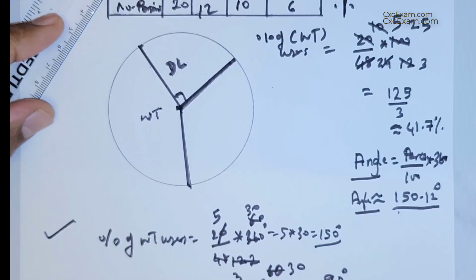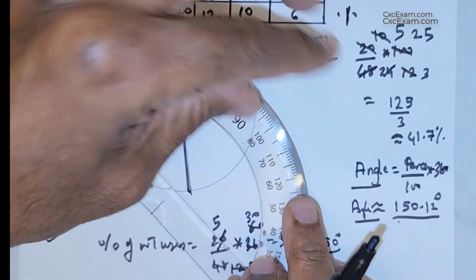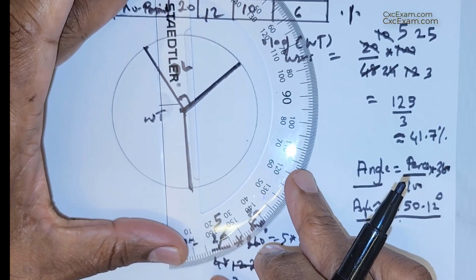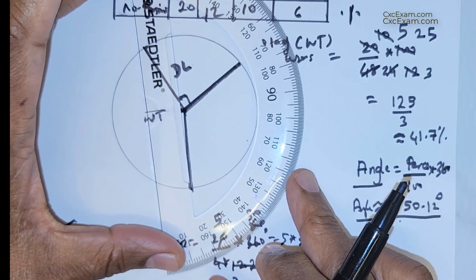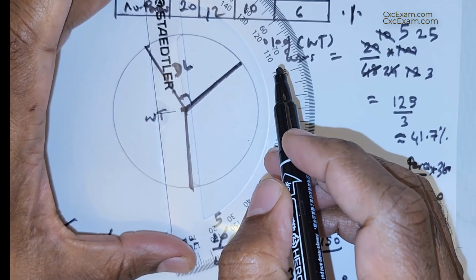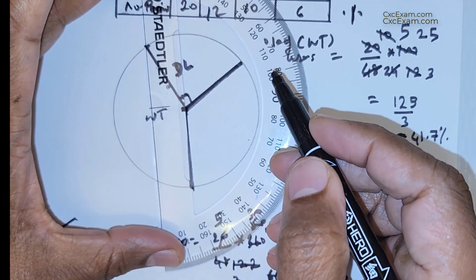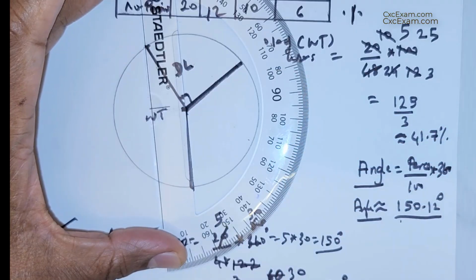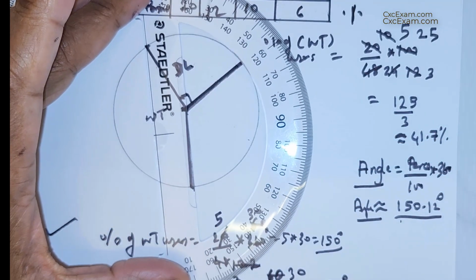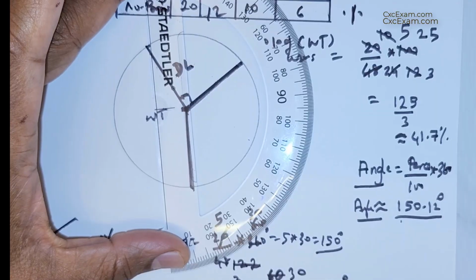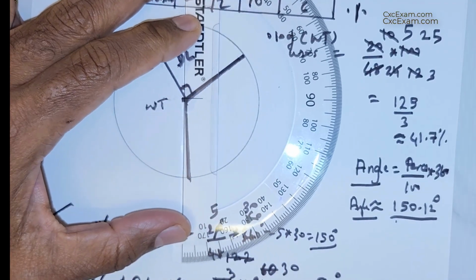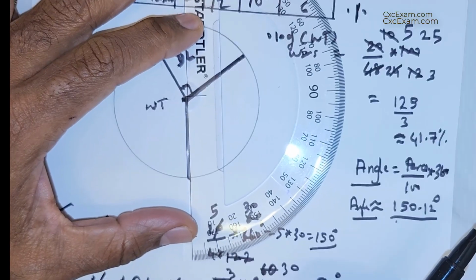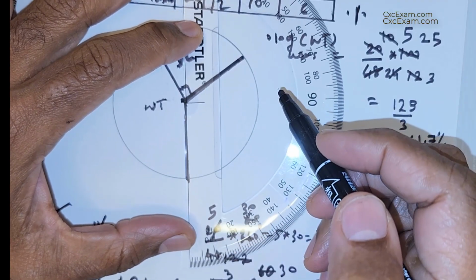Now we need to have 45 degrees. So this is going to be my reference line. With this we will have to get this 45 degrees. Let's see how to do that. I'm going to place my protractor on this line.